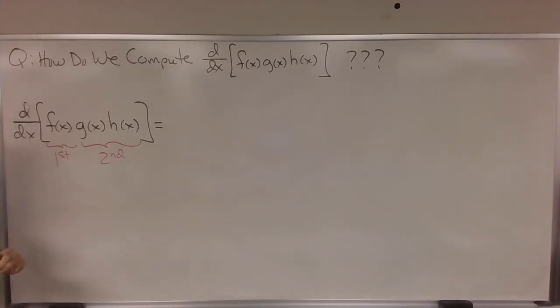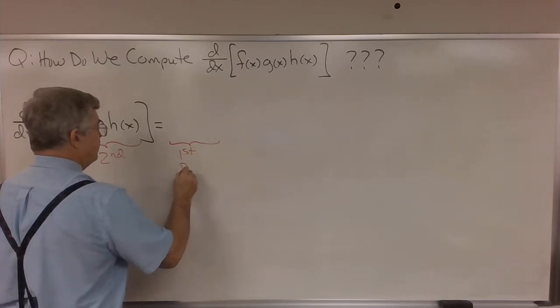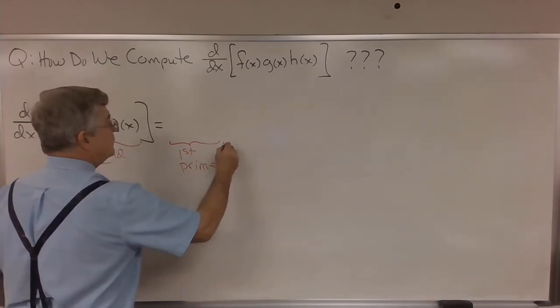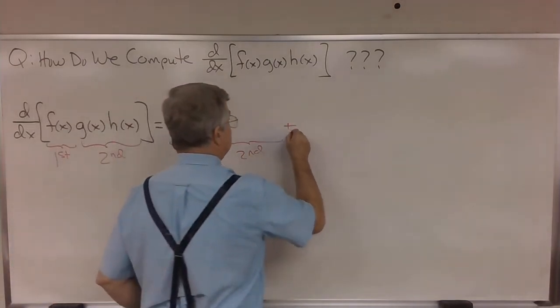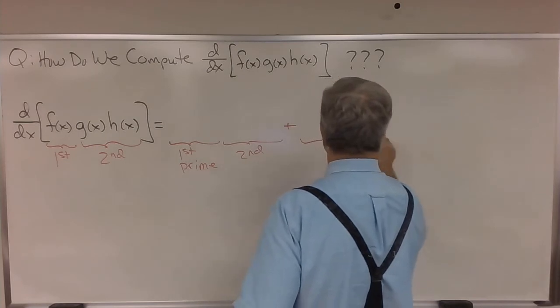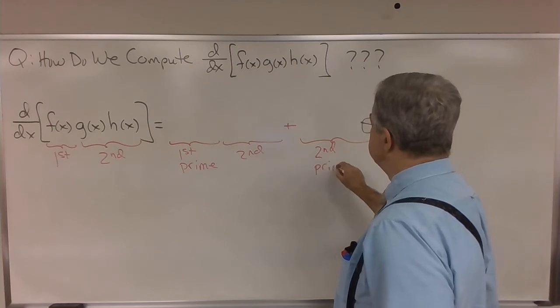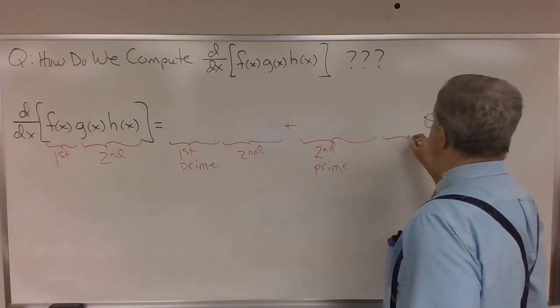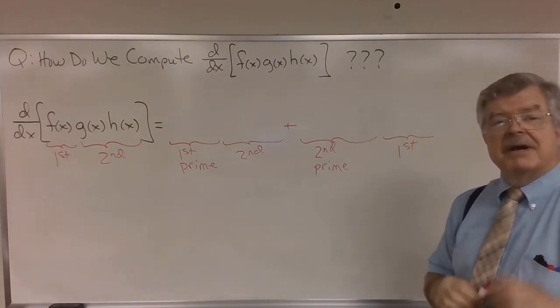And the product rule tells us first prime times second plus second prime times first. Okay, I got it. I'm going to get first prime times second plus second prime times the first. I've written out my template.